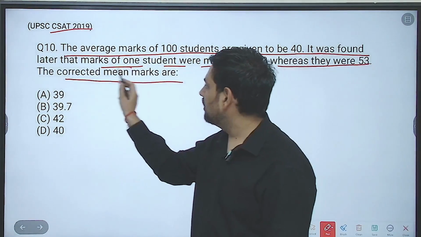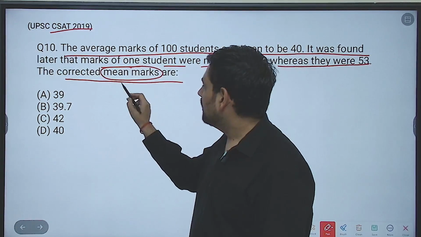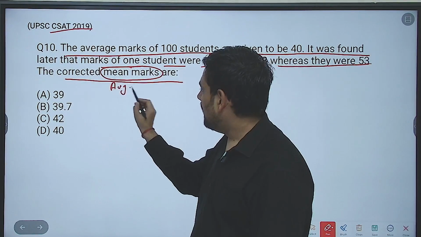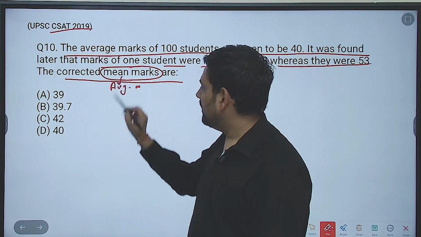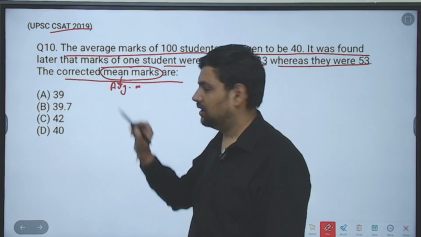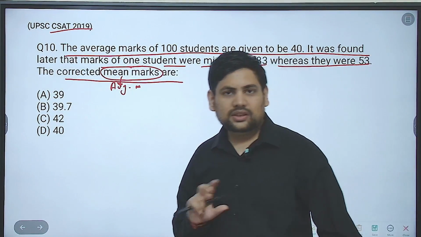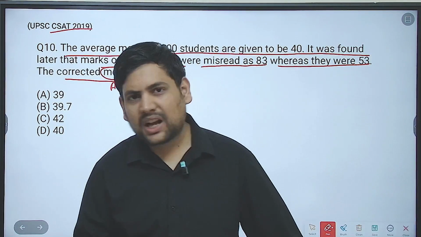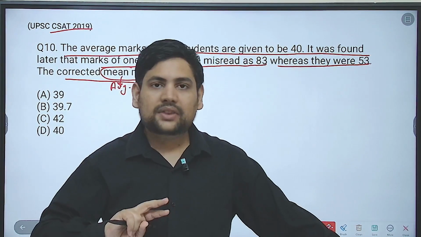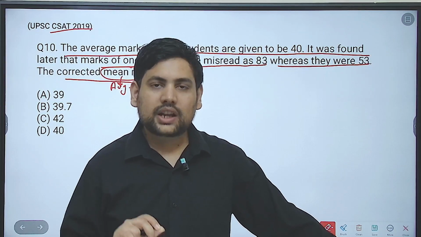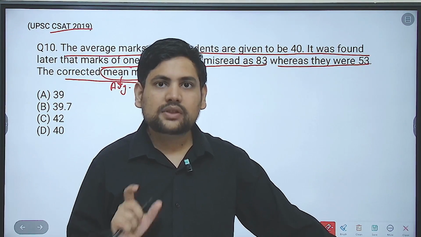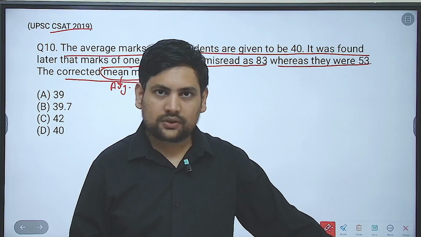Now, mean marks is same as average. Mean and average are exactly the same thing. Basically there are some students, and some marks of all those students. We have calculated the average. Later it was found out that one of the numbers recorded was incorrect.